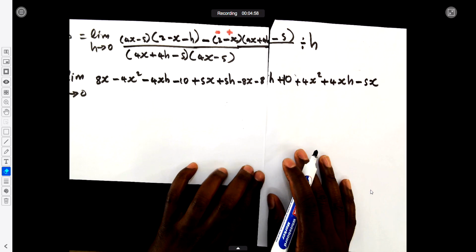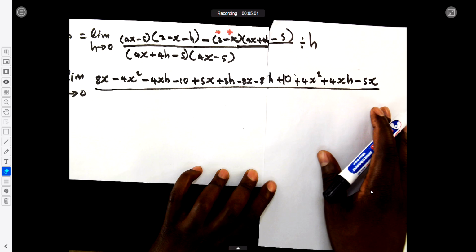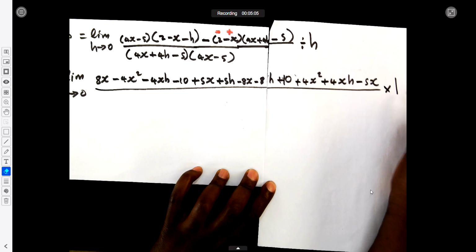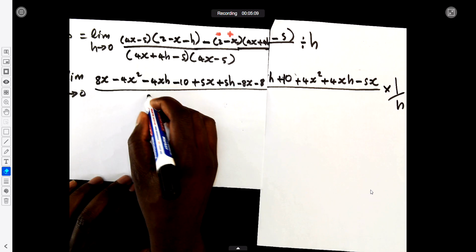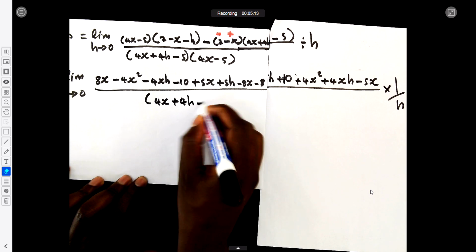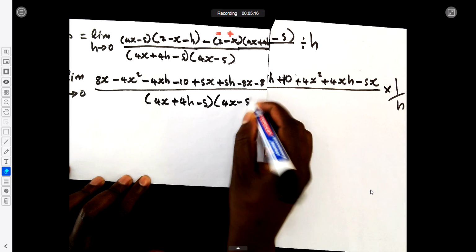Let's hope we didn't leave out any of the factors. It's a long division. In the meantime, change the division to multiplication: we'll have 1 over h. Then the denominator, let's leave it as it is, 4x plus 4h minus 5, then in brackets 4x minus 5.